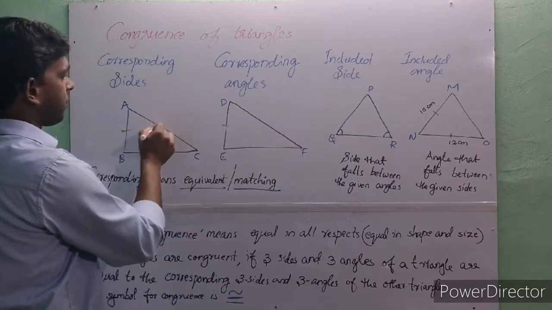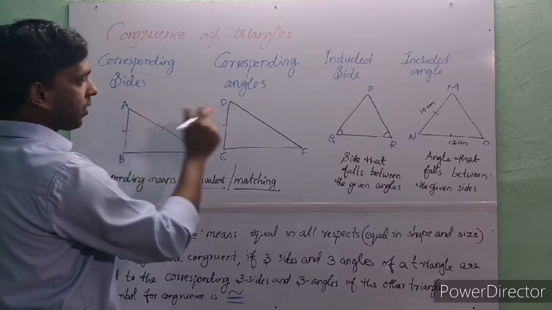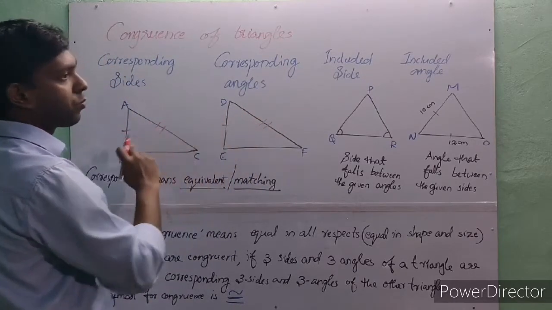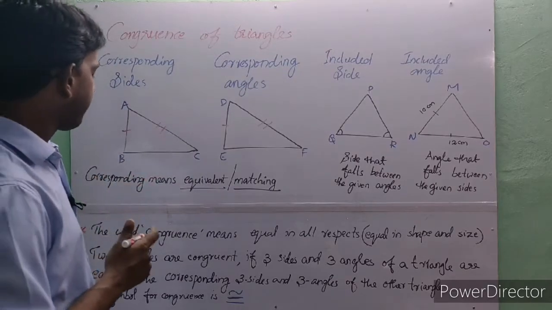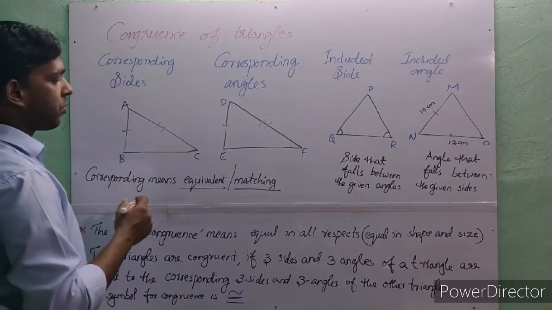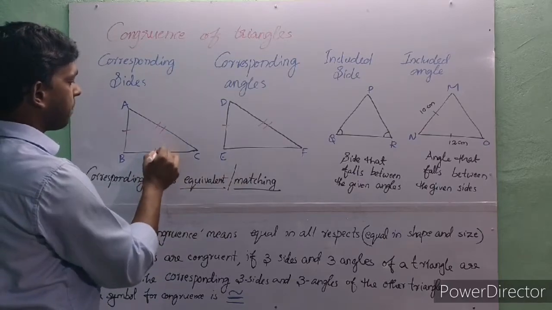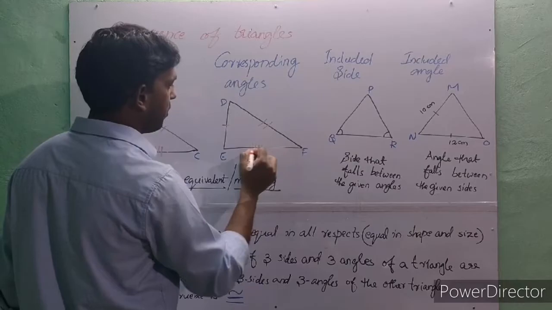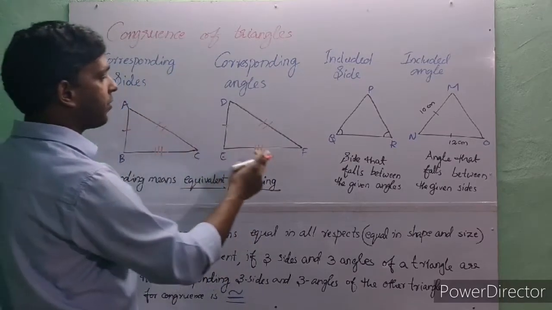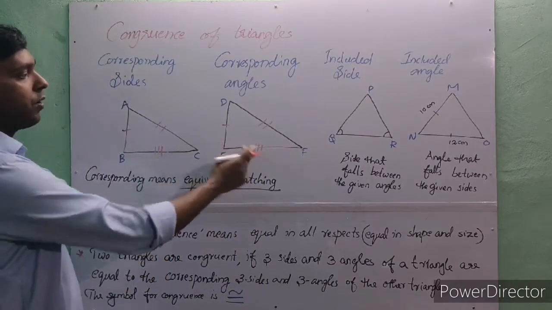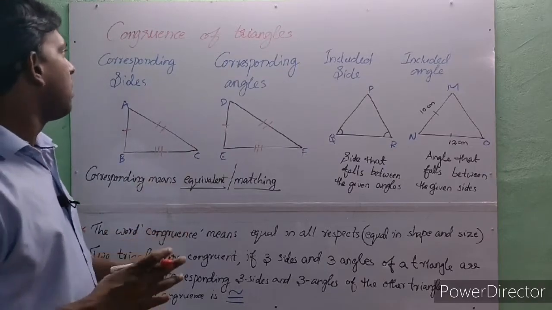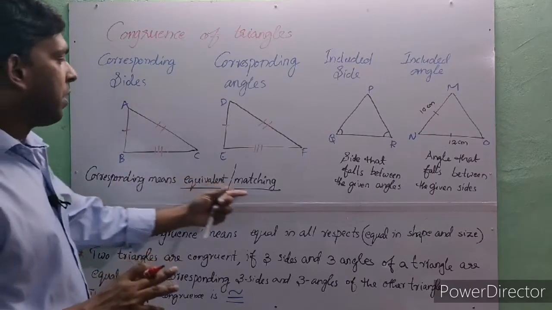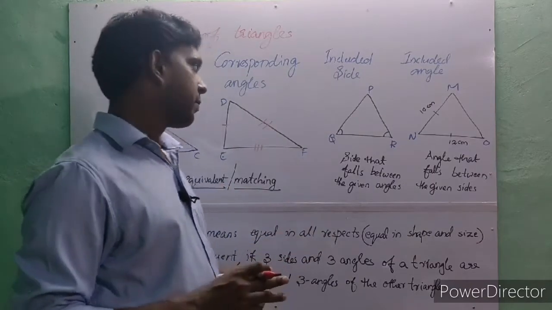DF. This is a corresponding side of this. So these two are corresponding sides to each other. Which is another corresponding or matching side? BC is corresponding to EF because they are matching each other or they are equivalent to each other. So it's very simple to understand. That is, corresponding sides means matching sides or equivalent sides.